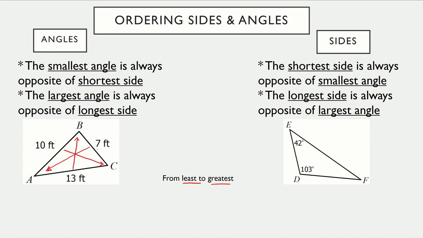Looking at the sides, I'm comparing them. Which one is the smallest side? The smallest side would be 7, and the smallest side is going to be across the smallest angle.